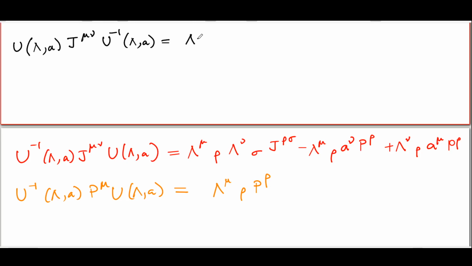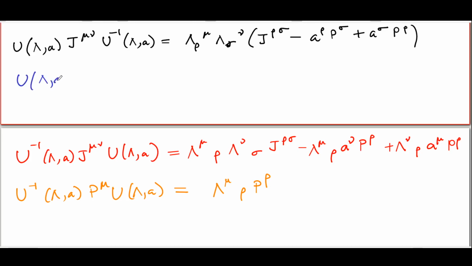Is lambda rho mu lambda nu sigma nu J rho sigma minus A rho P sigma plus A sigma P rho. And his version of the transformation rule for P mu is the following.